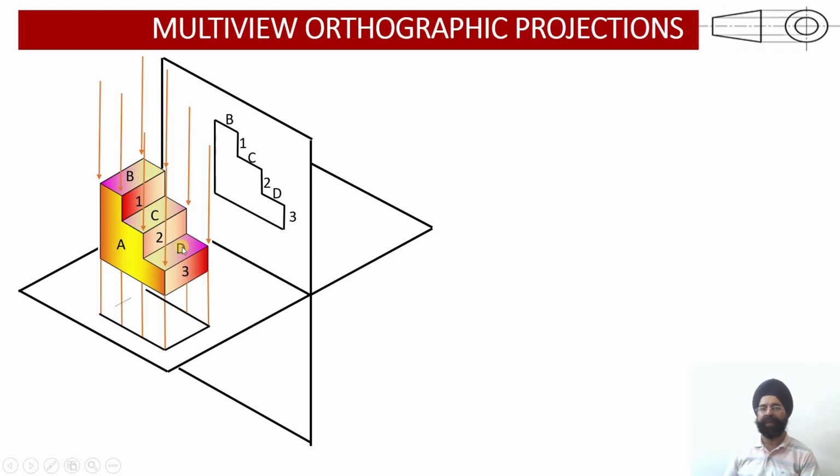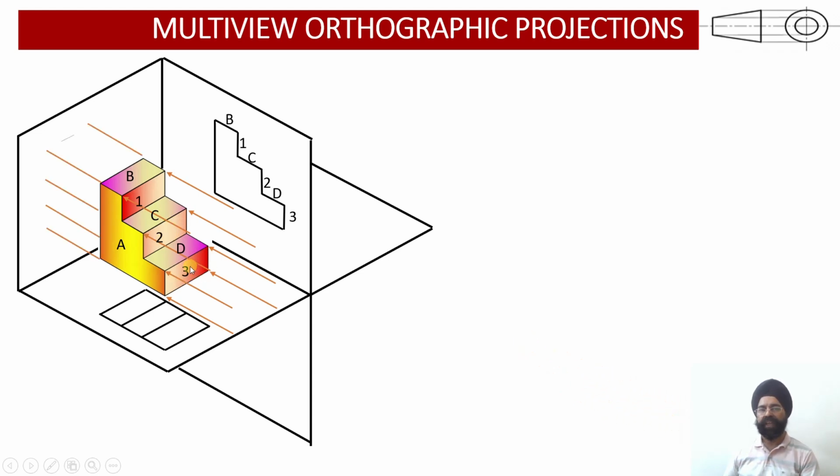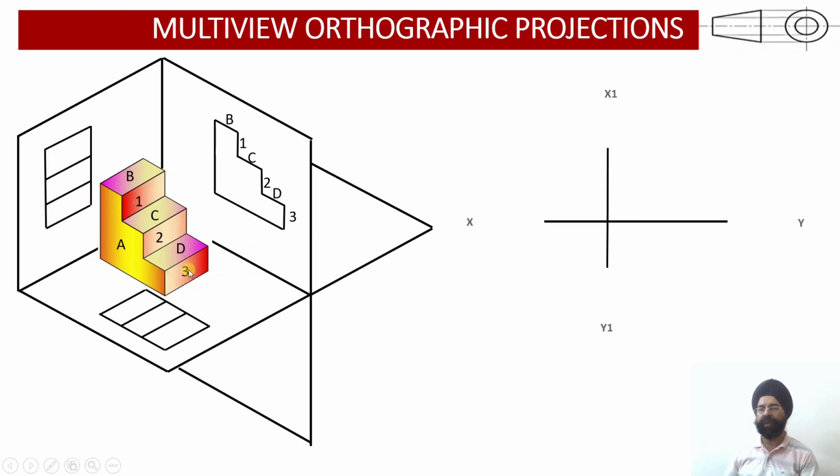So three rectangles will be visible: one rectangle corresponding to surface B, another corresponding to surface C, another corresponding to surface D. Then if I am looking from this side, I'll be able to see surface 1 which is vertical, surface 2 which is vertical and surface 3. So the three vertical surfaces 1, 2 and 3 will be visible.